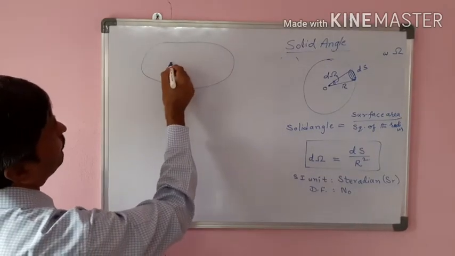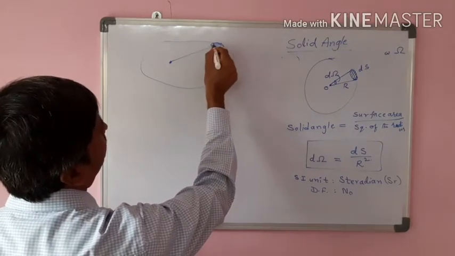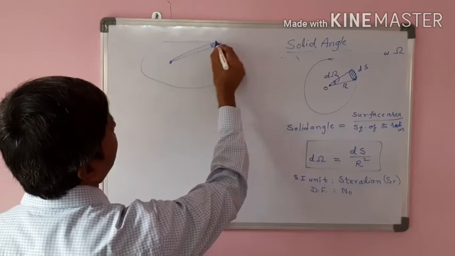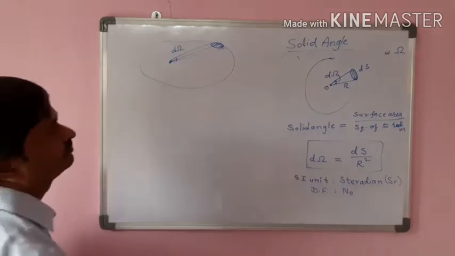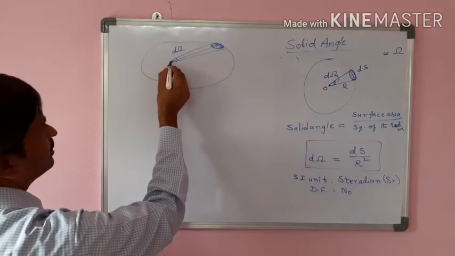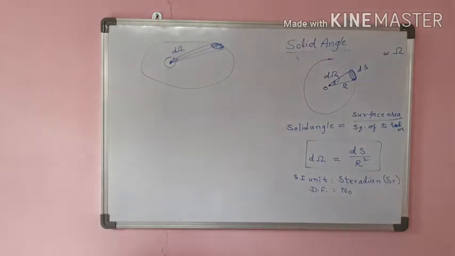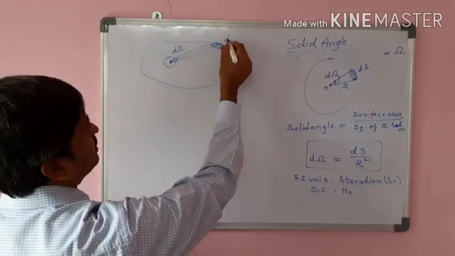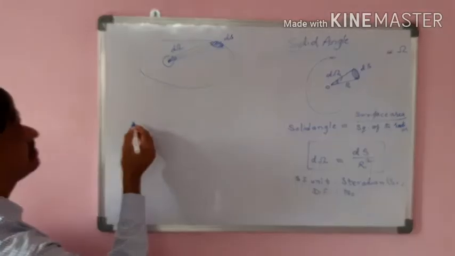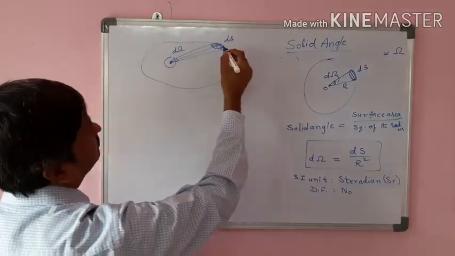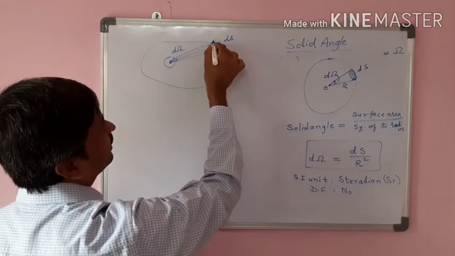If there is a point here, and you are finding some area, and it makes a small solid angle d omega, then what will be the total angle made in completing the closed surface? So this is the small surface dS. Then we can write here, we want to make this a sphere by using cos theta.